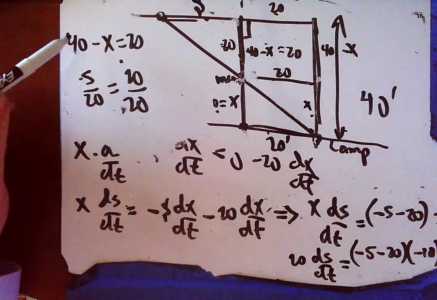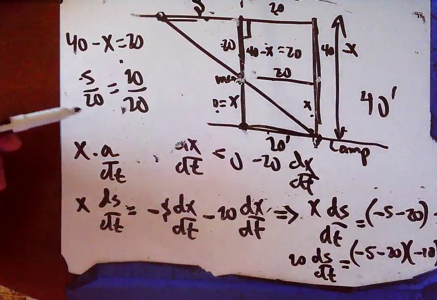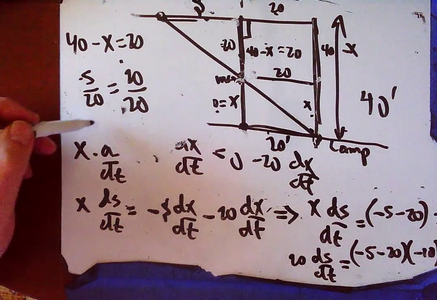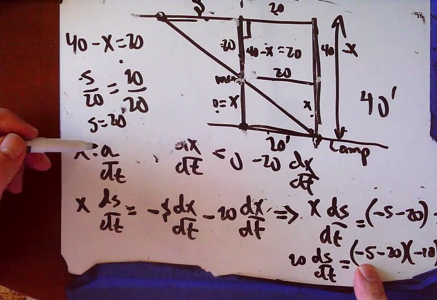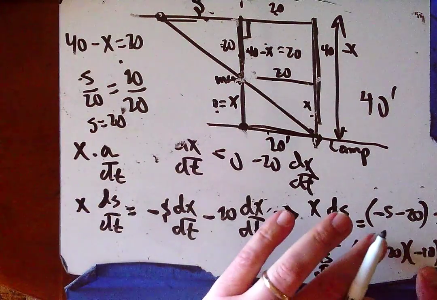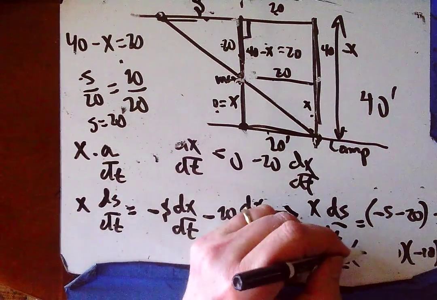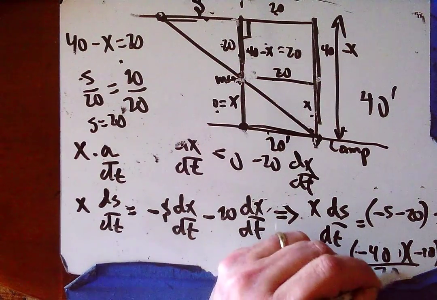And I guess that should come as no surprise to us in this problem because we've got all those 20s everywhere. So I find out that s equals 20. I put a 20 in here. I get minus 20 minus 20 is minus 40. And don't forget to divide both sides by 20.